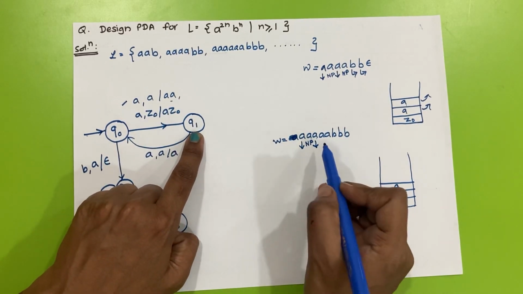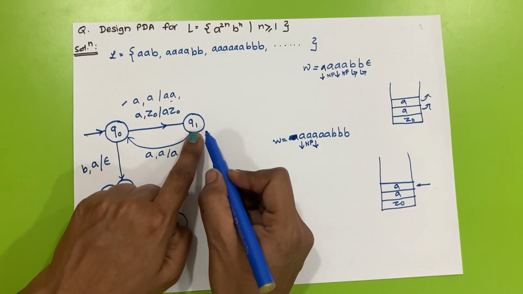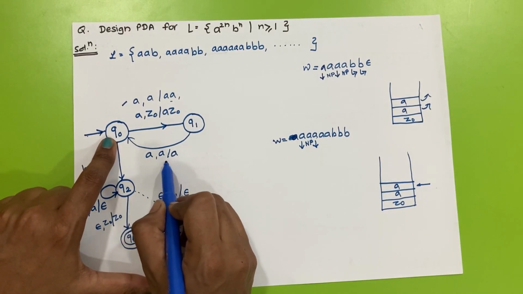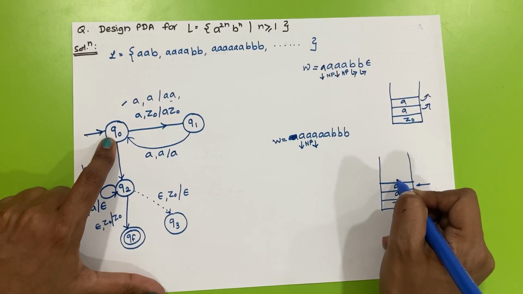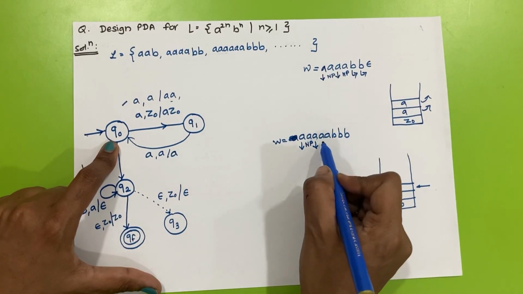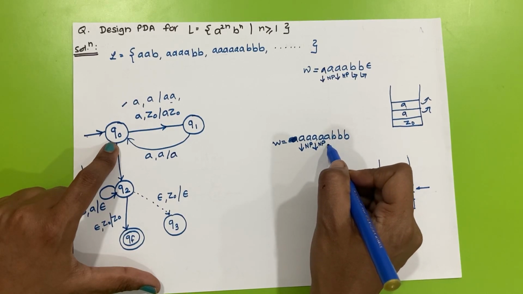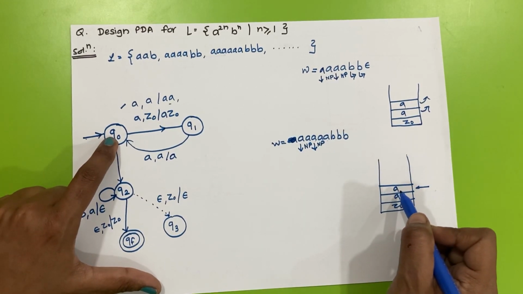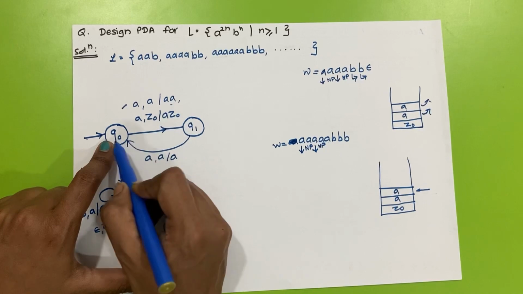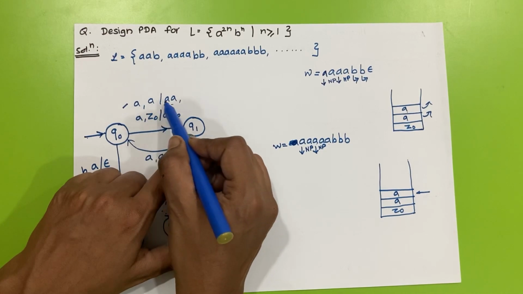Now we are at state q1 reading input symbol a with top of stack a. This goes to state q0 by performing no operation, so we don't need to update the stack. Now the next input symbol is a and the top of stack is again a at state q0, so we perform the push operation and move to state q1 by following transition a double a.